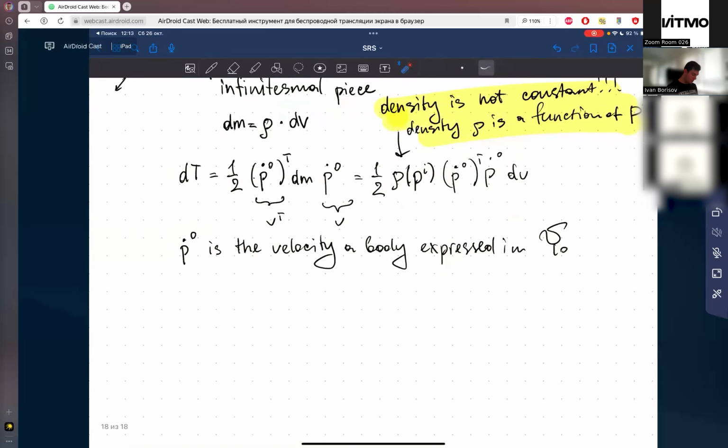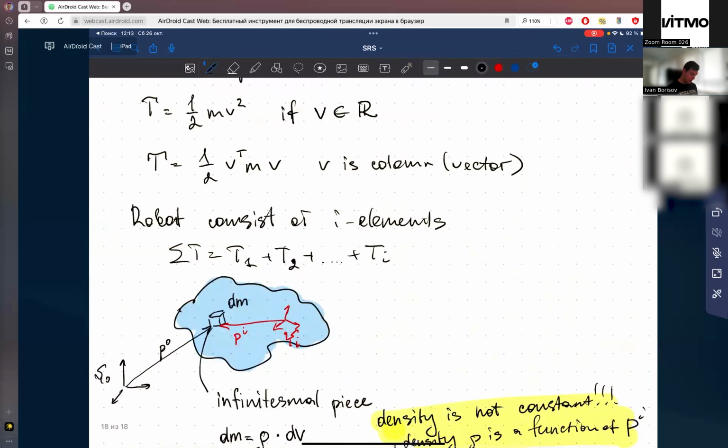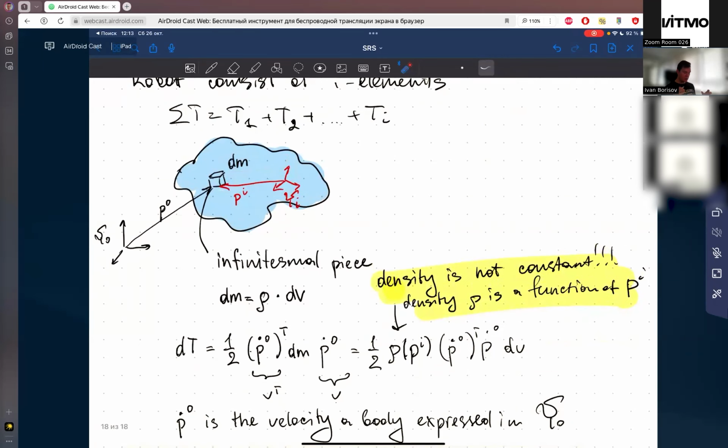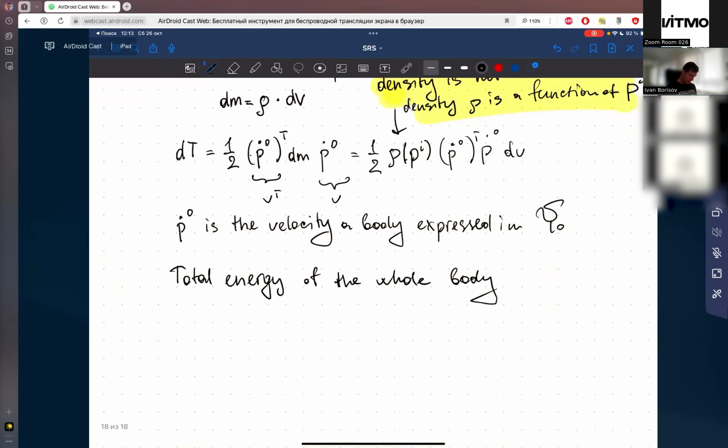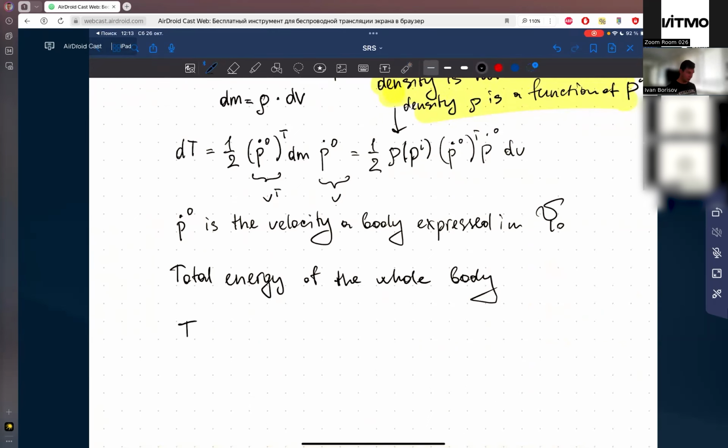And if we want to get the total energy of the whole body, it is pretty much the same idea: for a robot that consists of i elements, we need to take a sum. And what should we do in order to take a sum of these infinitesimal pieces? Integrate. Right. So we need to take an integral of it.